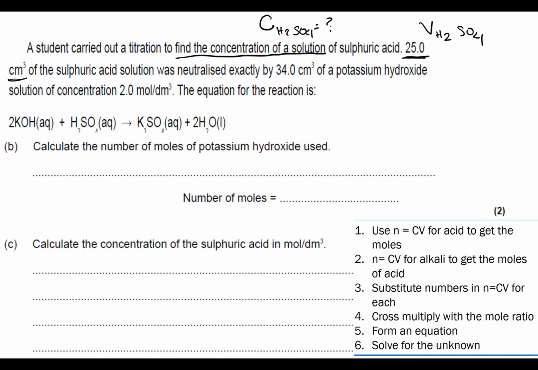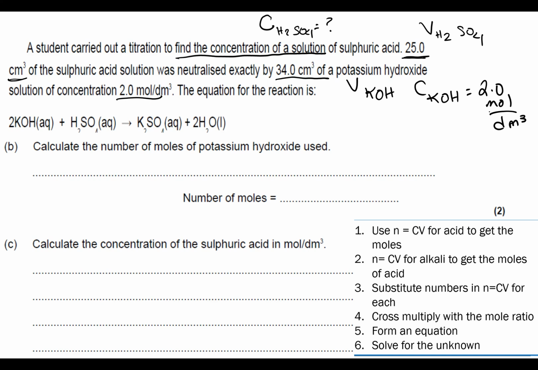And then it was neutralized exactly by 34 cubic centimeters of potassium hydroxide. So that is the volume of KOH, potassium hydroxide. And the solution concentration, the C of KOH, is equal to 2.0 mole per decimeter cubed.